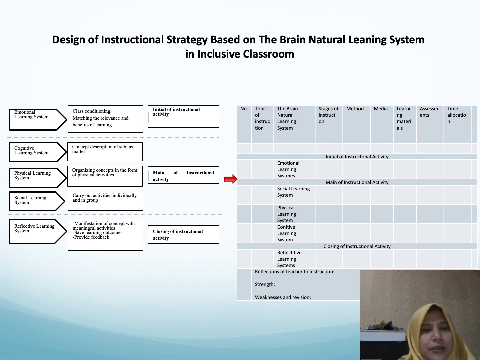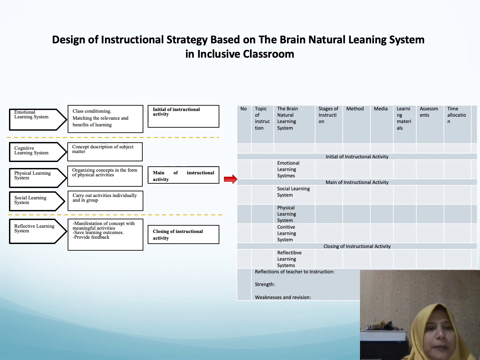For the initial instructional activity, we involve the emotional learning system, where the teacher can do class conditioning and then match the relevance and benefit of the learning, especially to the students. For the main instructional activity, the teacher can use the cognitive learning system, with activities like a concept description of the subject matter.